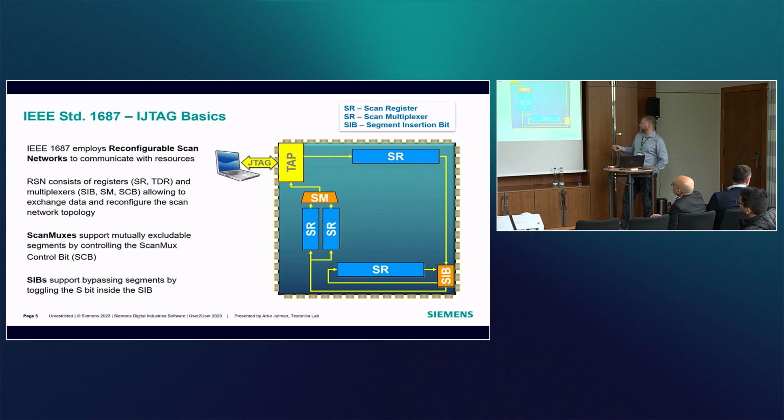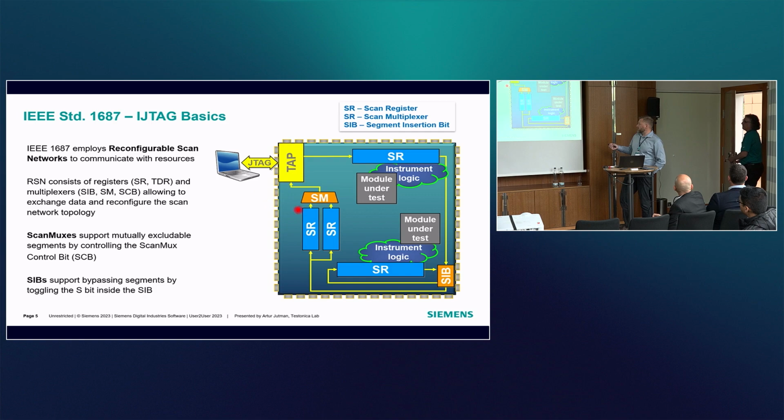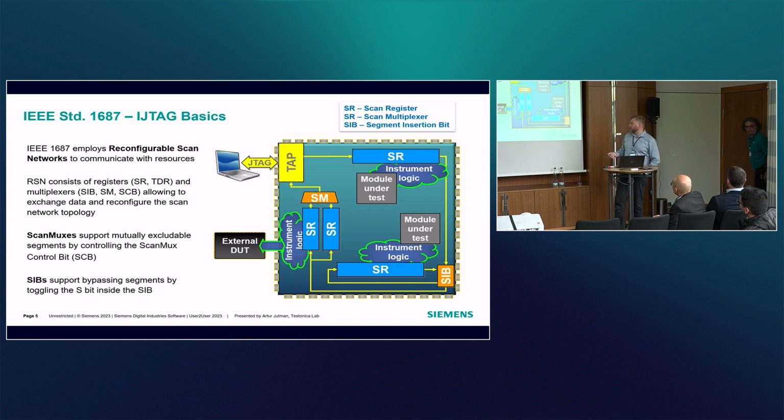And those shift registers are, of course, attached to some instruments which are developed to test some modules on the system on a chip and external to the system on a chip.